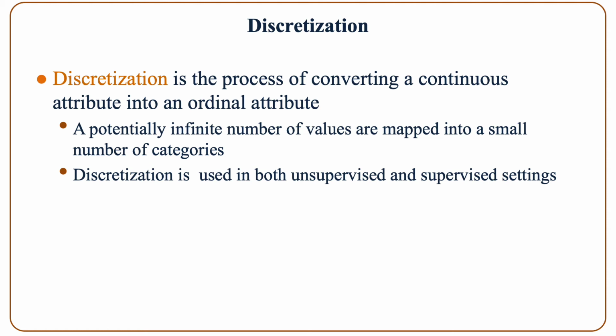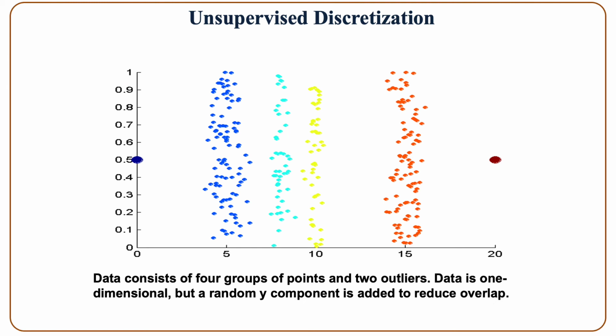Discretization is a process of converting a continuous attribute into an ordinal attribute, and it could be used in both supervised and unsupervised settings. This figure illustrates unsupervised discretization.